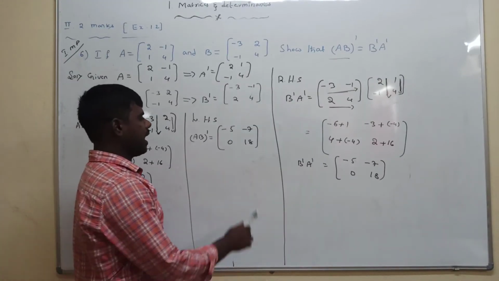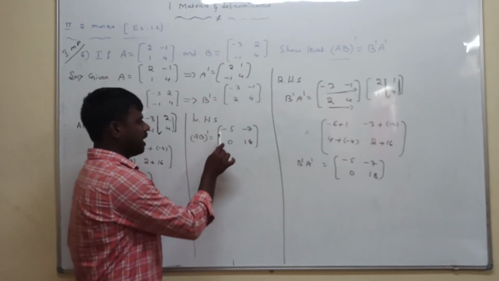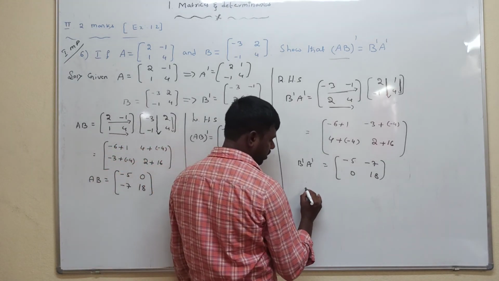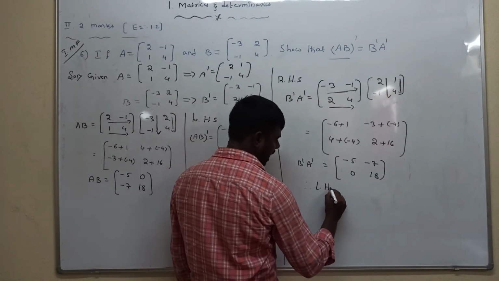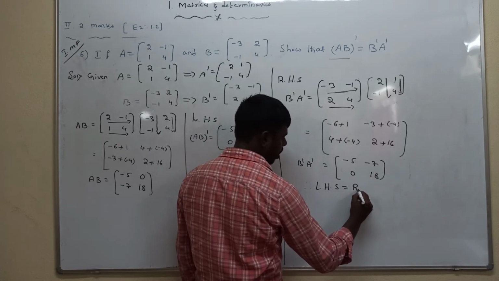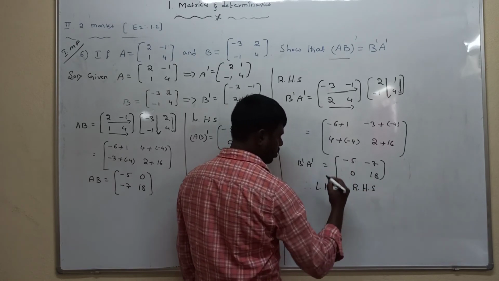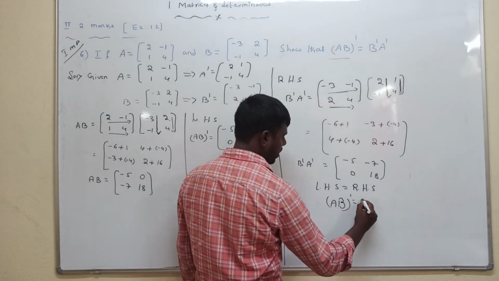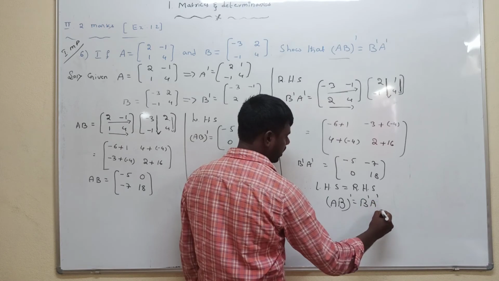Observe the LHS part and RHS part. Both are equal. Right, conclusion: therefore, LHS is equal to RHS. So (AB) whole transpose is equal to B transpose A transpose.